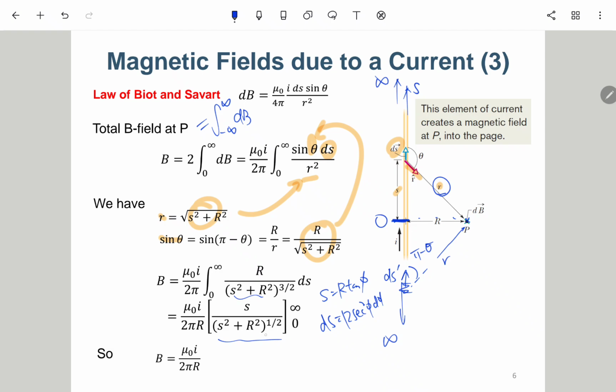Then we evaluate from 0 to infinity. Plugging s to be 0 gives 0. Plugging s to be infinity, this R squared can be ignored, so s squared, take the square root, will be s, and s over s will be 1. So finally B becomes mu 0 I over 2 pi R. Okay, any questions?